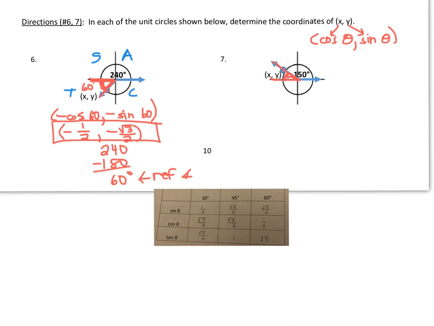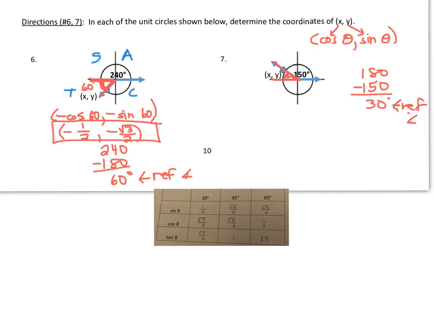Now let's think about how we could find how many degrees are in this angle. If we know that a half circle, a semicircle, is 180 degrees, and we know that this portion of it is 150, if we subtract 150 from 180, that'll leave us with this portion right here, which is 30 degrees. So our reference angle is 30 degrees.